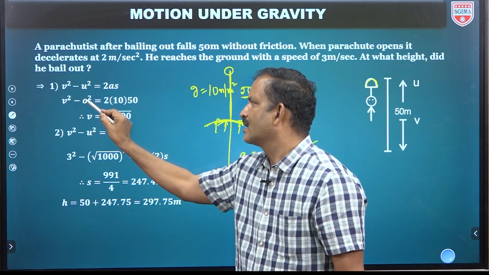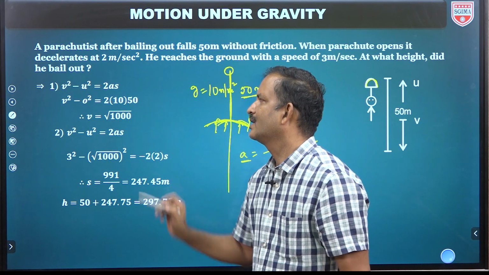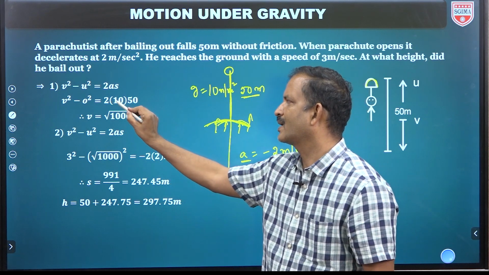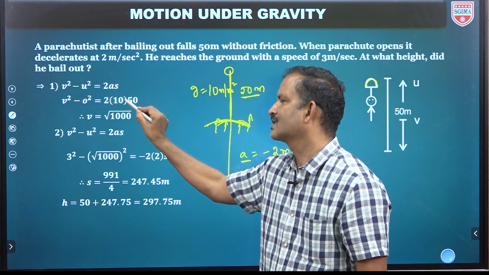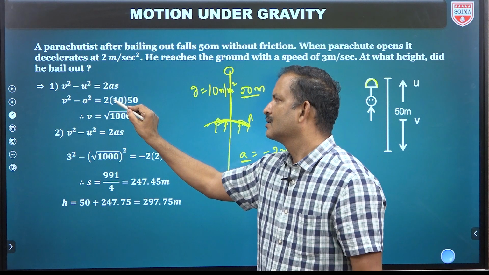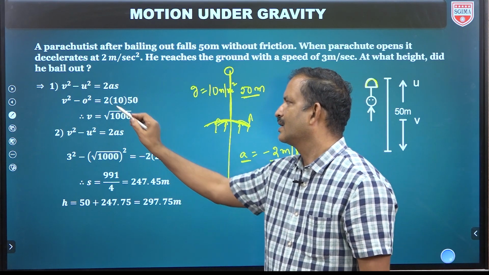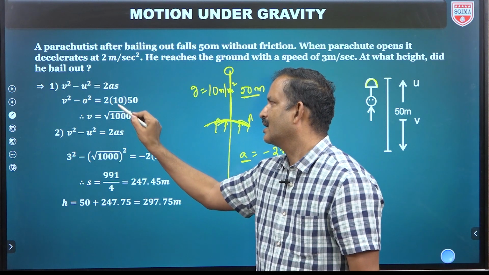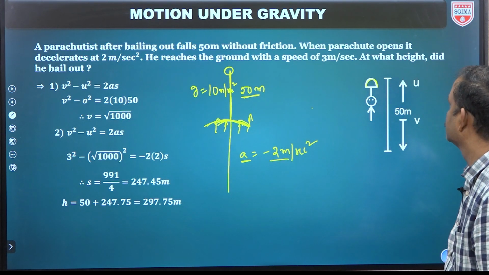So, v square minus 0 square is equal to 2 into 10 into 50. Actually, if you apply the sign convention, it is minus 10 and minus 50, so minus into minus gives plus. Then you will get v square equal to 1000.